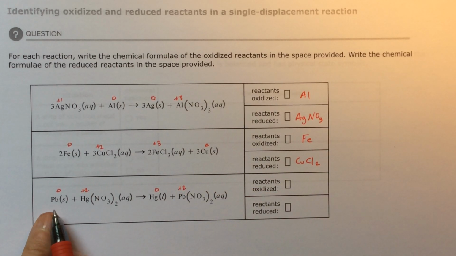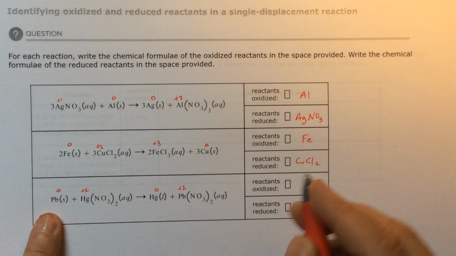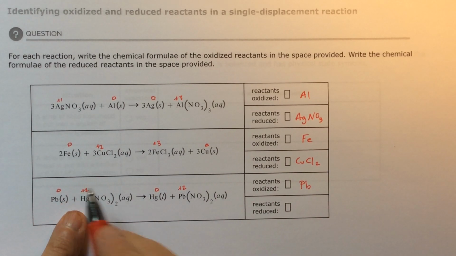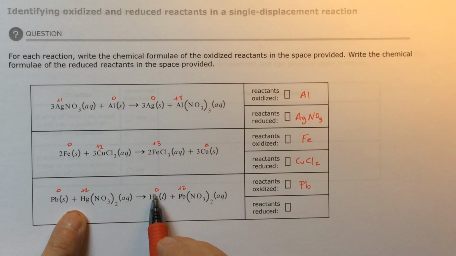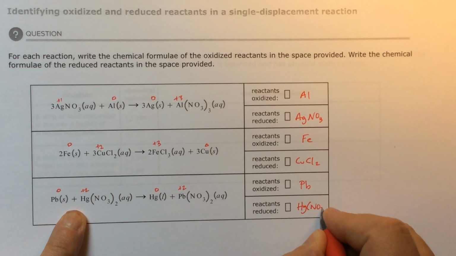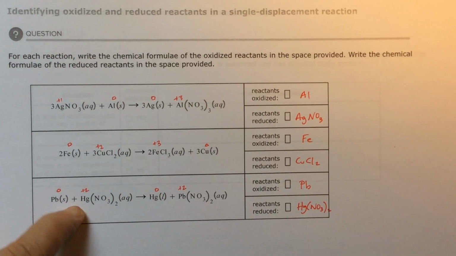So the lead goes from 0 to +2. So that's oxidation. So I come back over here, it's just lead, Pb. The mercury is from +2 down to 0. That's reduction. So I do the entire thing, mercury nitrate, Hg(NO3), subscript 2. All right, how are you doing at this?